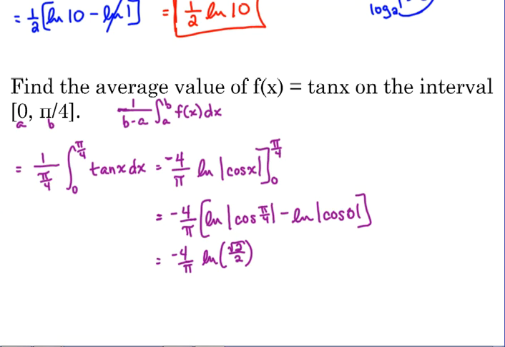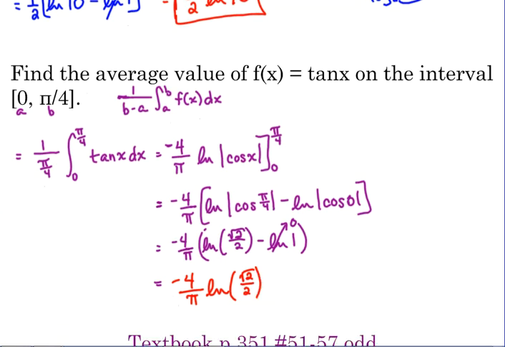And the cosine of 0 is 1, so minus the natural log of 1, which we just dealt with. Natural log of 1 is 0. So our answer, as strange as it looks, is negative 4 over pi times the natural log of the square root of 2 over 2. That's the average value of this function on the interval.